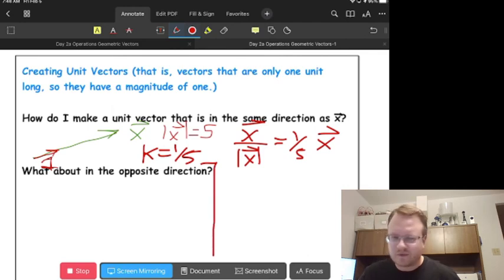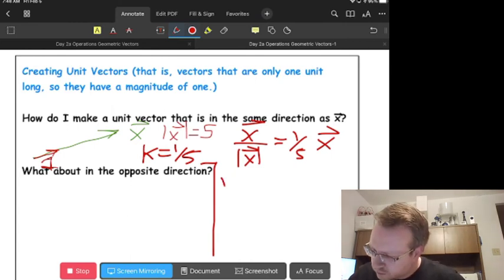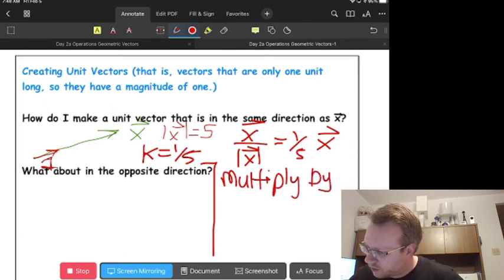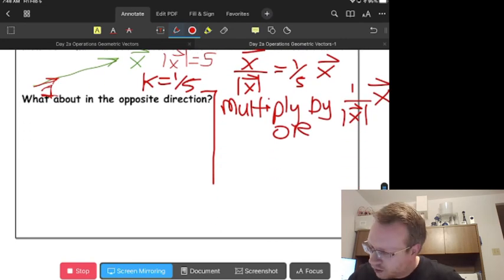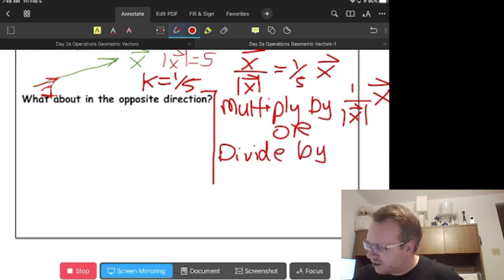So how do I find a unit vector? How do I get a vector in the same direction, but with a magnitude of only 1? Multiply by a k value of 1 over the magnitude of x. So we're multiplying that by our original vector, or multiplying by a fraction is the same as dividing. So divide by its magnitude.